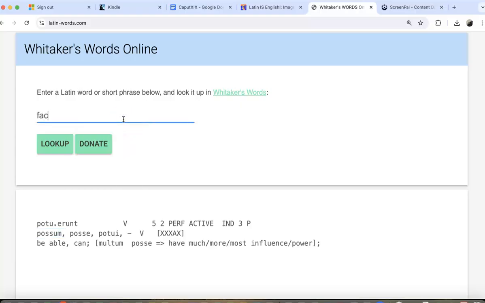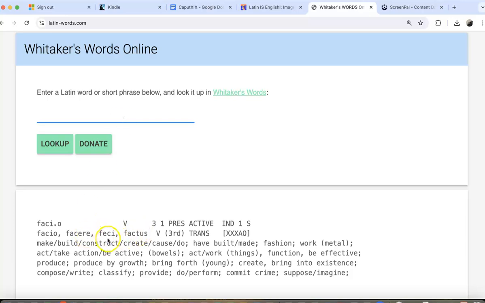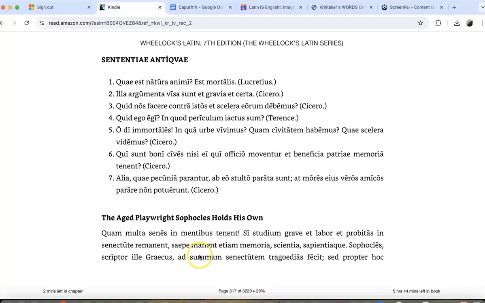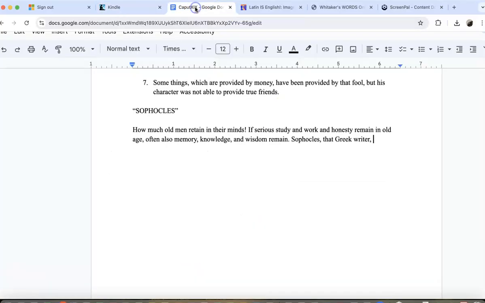So you can see if I type in the present tense, we have facio, facere, feci, factus. So here is our third principal part. That's where we get the word fact. And so feci, but here we're talking about Sophocles, so we need third person singular. So we have facit. So here in this case, made tragedies. If you want to say wrote tragedies, that's probably better English, but I'll keep it literal. So made tragedies into old age.